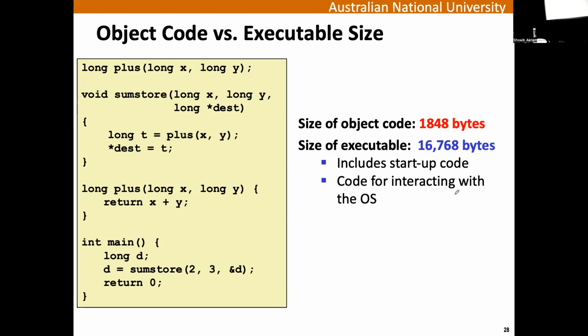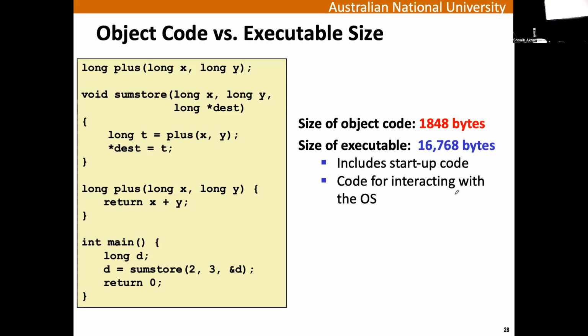Now, why is that? Why is the executable so much bigger than the object code? And here, I just have a main function with a function call, and then some sloppy pointer arithmetic and a plus function.